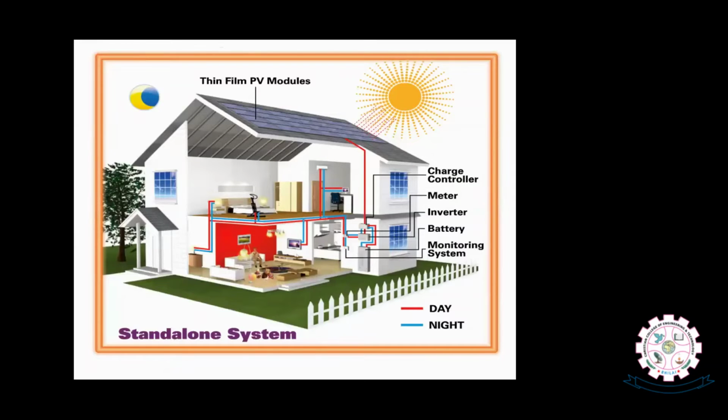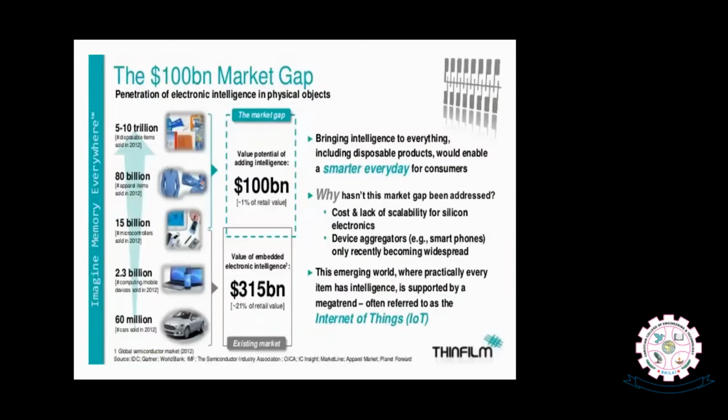Now the cost is coming down drastically because of the improvement and enhancement in the properties of the materials, which results in better solar panels, and the efficiency ultimately increases. That's what is happening. Then we have looked at a lot of applications, all that.